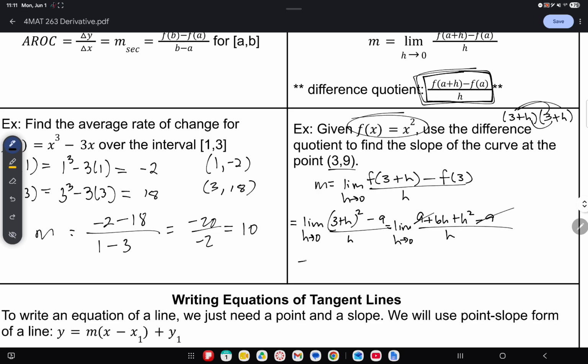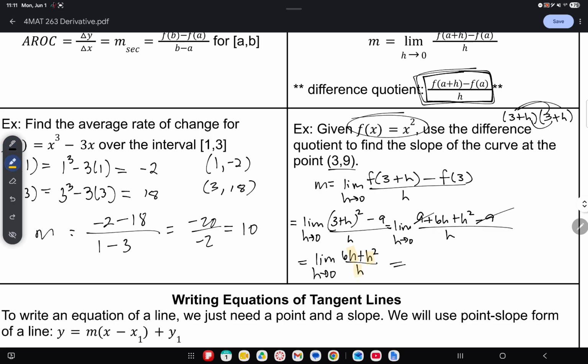I can cancel those out. And I got 6h plus h squared all over h. And if you notice, each of these terms has an h in it. Okay, well, they all have an h.